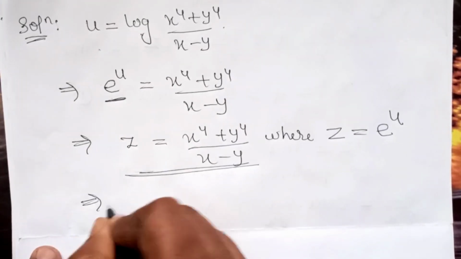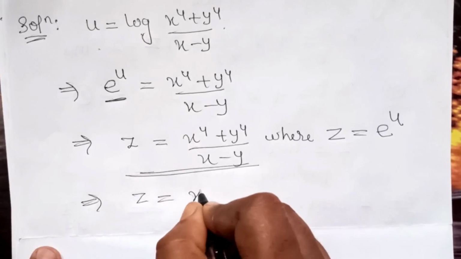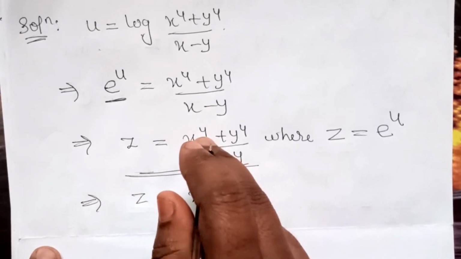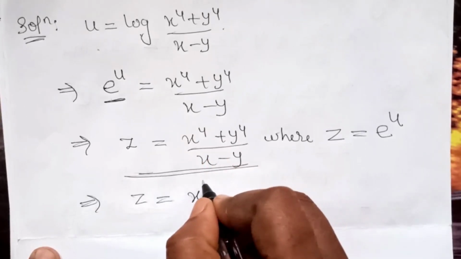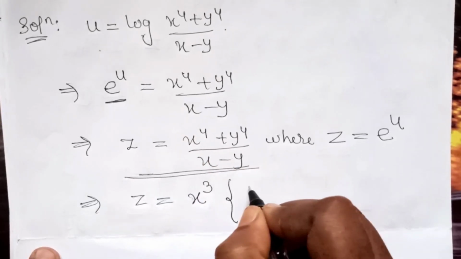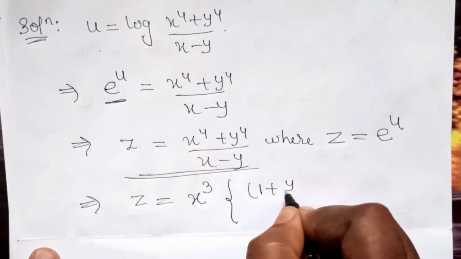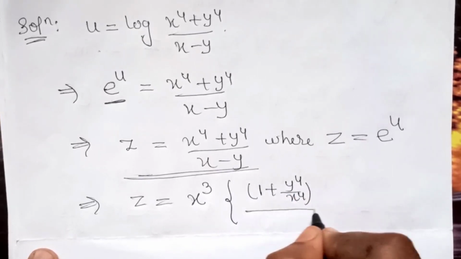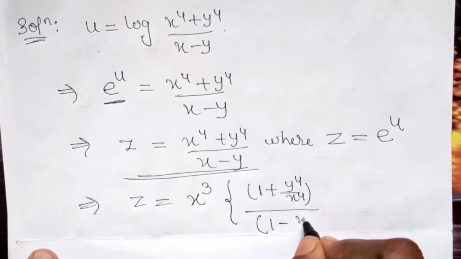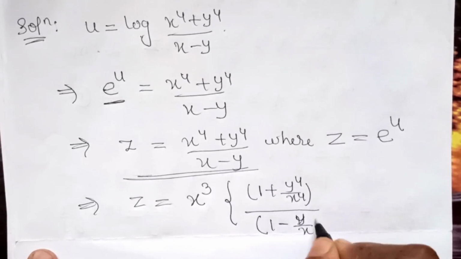So see here, this can be written as z equals, on taking x power 4 to the numerator and x in the denominator common, x power 3 times (1 plus y power 4 divided by x power 4) in the numerator and (1 minus y by x) in the denominator.